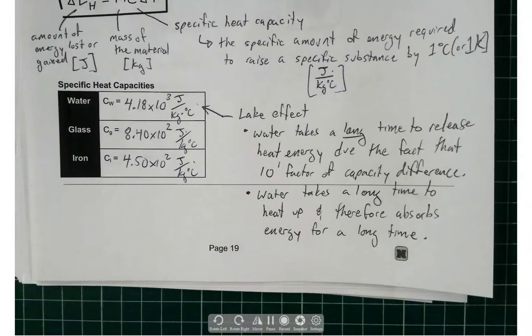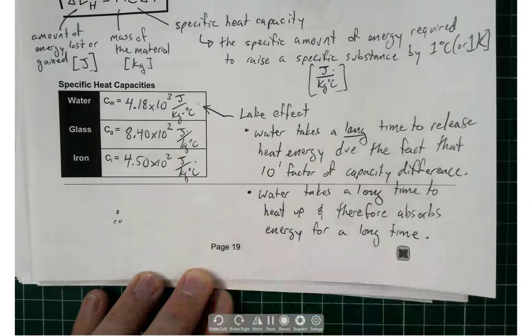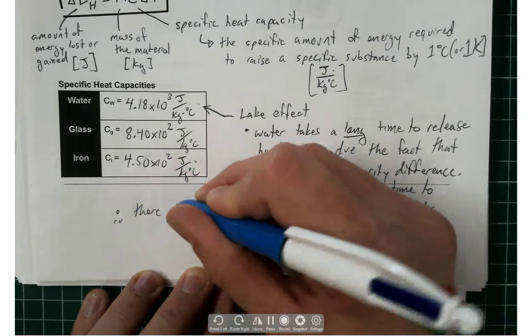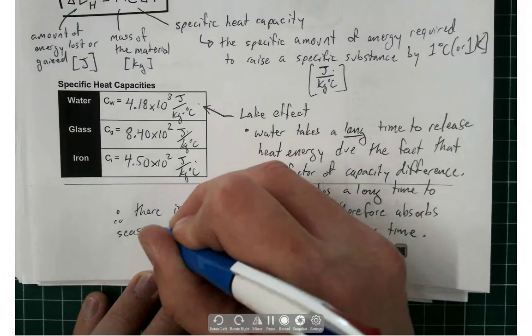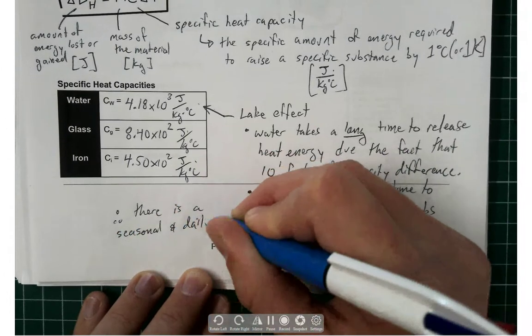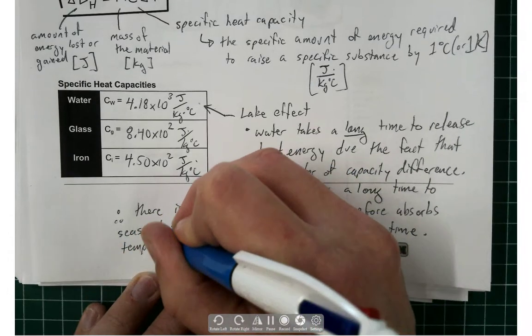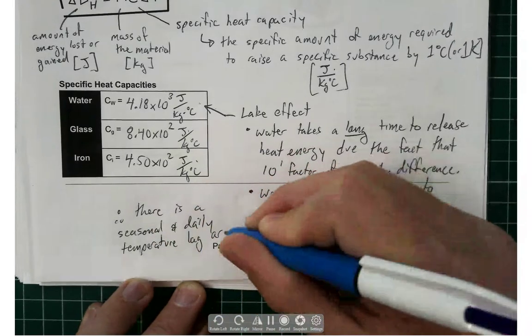As a result, we can say, therefore, there's a temperature lag. There's a seasonal temperature lag, even daily temperature lag, around water bodies.